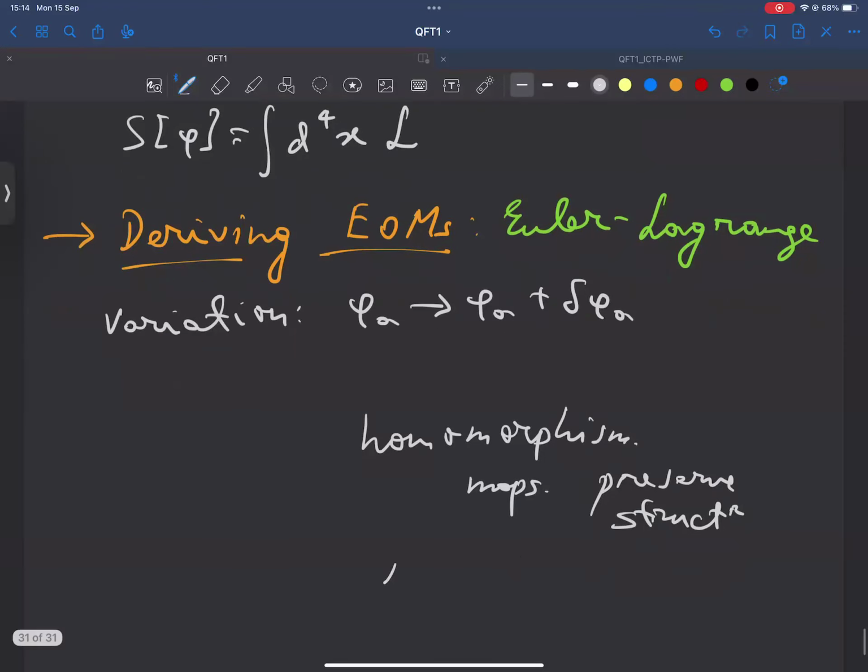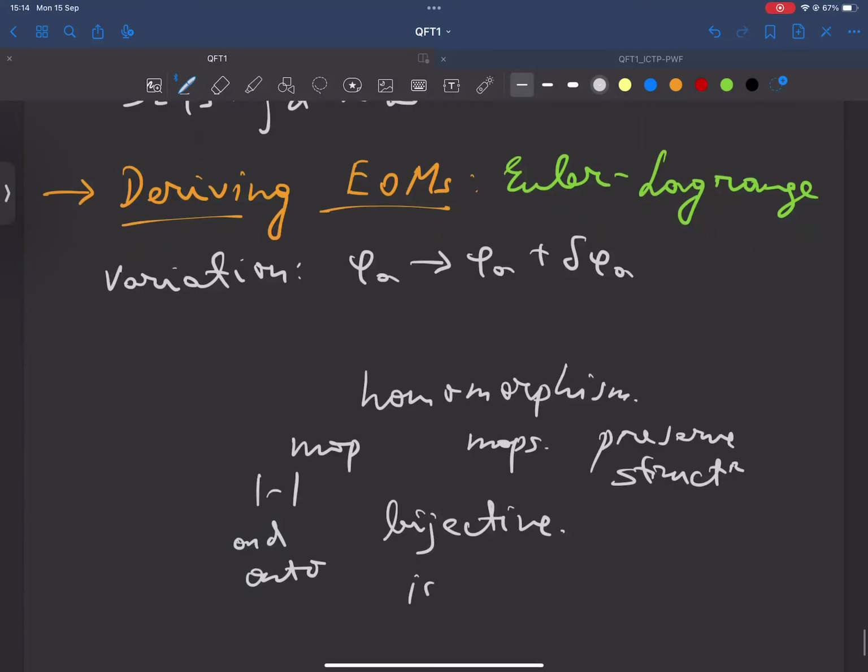I did not say that they are bijective. I did not say that this map is one-to-one and also onto. Only when they are bijective will you have what is called an isomorphism, not a homomorphism. That's an added property on top of the homomorphism property.